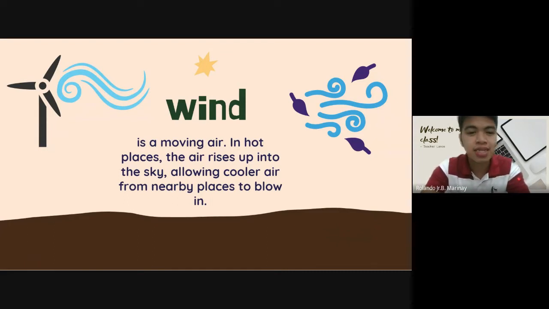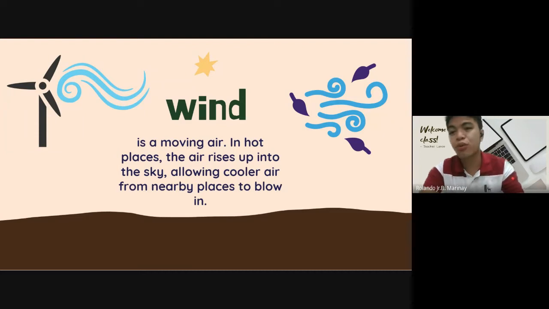Okay, kids, wind is moving air. In hot places, the air rises up into the sky, allowing cooler air from nearby places to blow in. So when a place is hot, the air rises up into the sky.